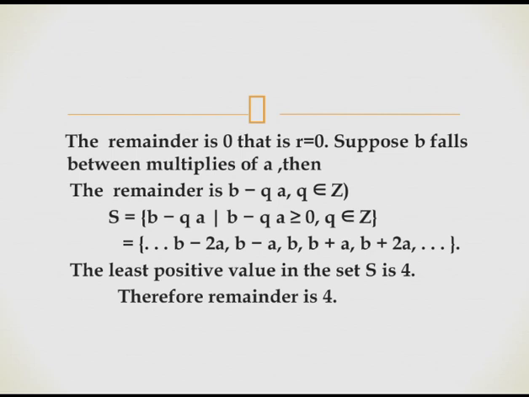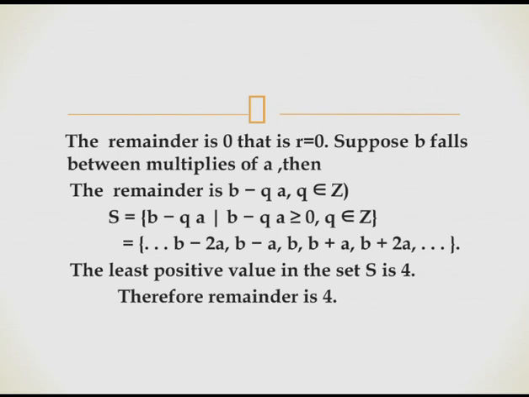Suppose b falls between the multiples of a, then the remainder set is of the form b minus aq, q in integers. Therefore, generally we can write it as capital S equal to b minus aq, such that b minus aq is greater than or equal to 0, q belongs to integers.